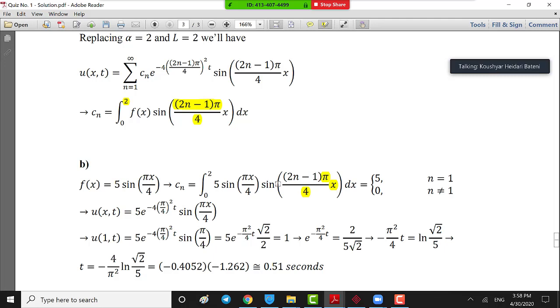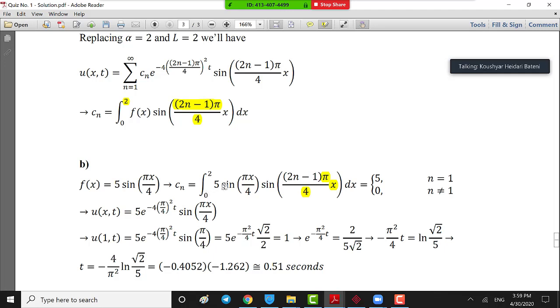When these two sines have the same argument, meaning what is going on inside of the parentheses, then the value of this integration is not going to be equal to 0. And the value of the integration, as you learned, is going to be equal to half the length of integration, meaning 2 over 2, which is 1.